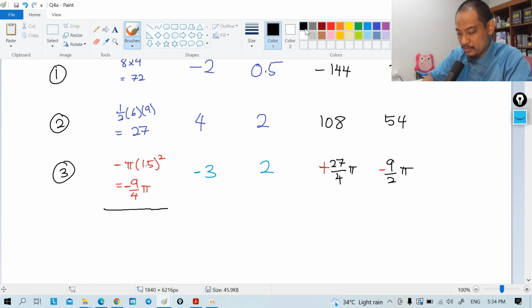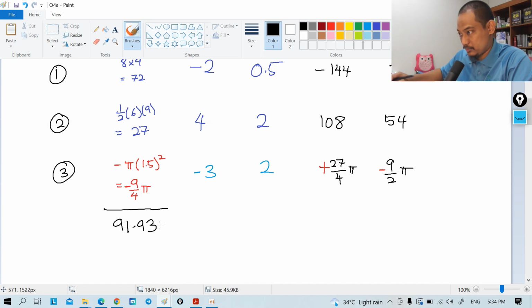So again, 72 plus 27 minus 9 divided by 4 times pi, that is 91.93.